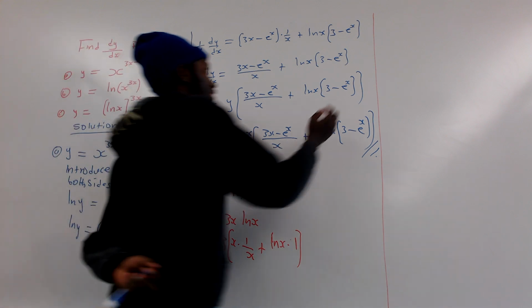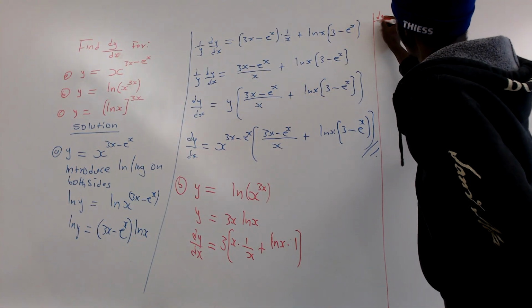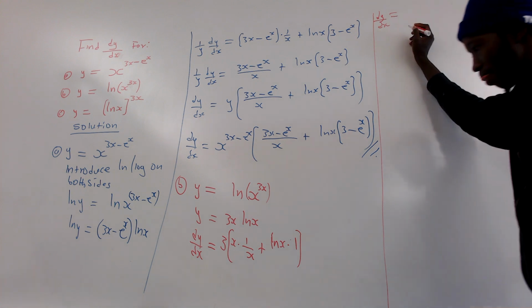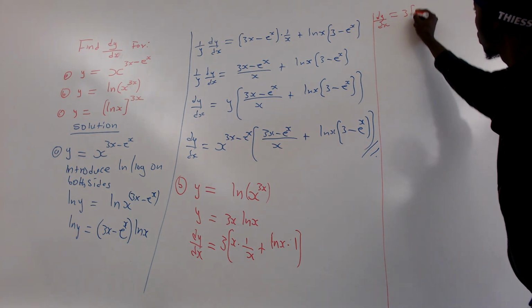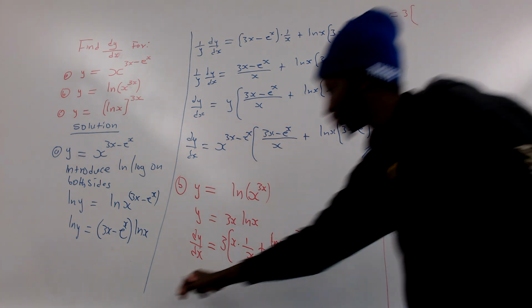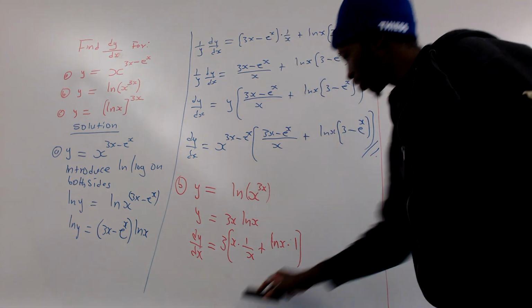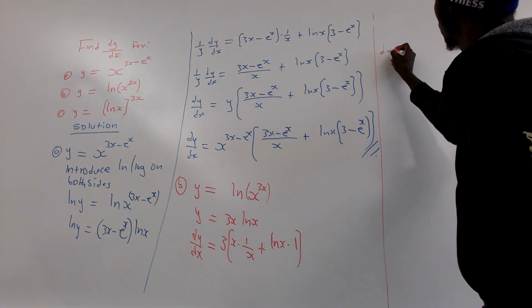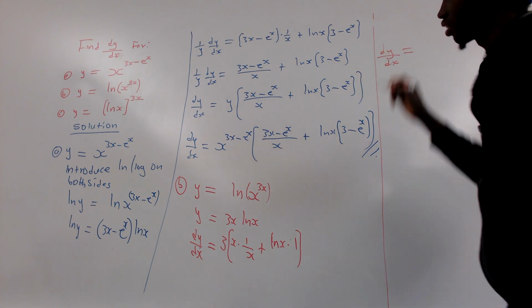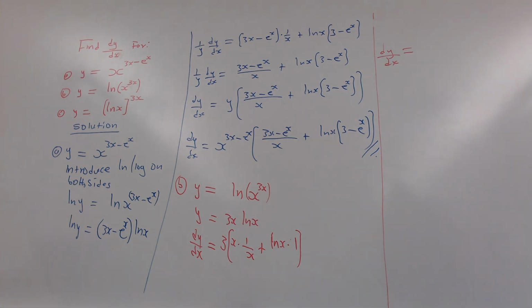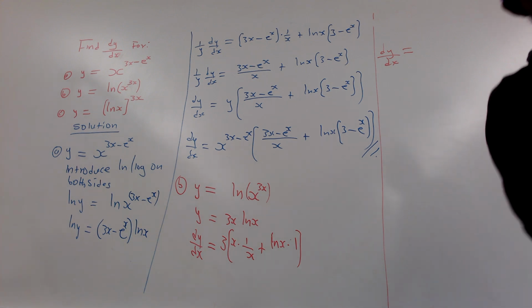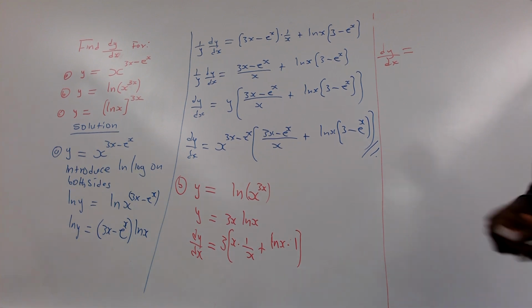So if we rewrite it now, dy/dx equals 3 into, we have the result of that.